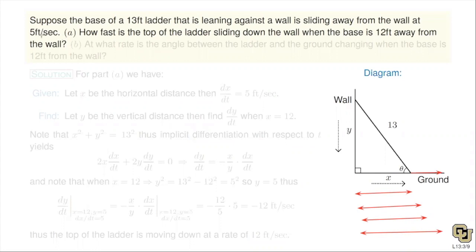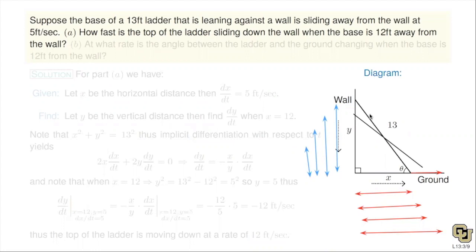And as the base of the ladder moves away, if I call the height from the top of the ladder to the ground y, y decreases. Y gets shorter and shorter, because think about what's happening to the ladder. It's sliding away.